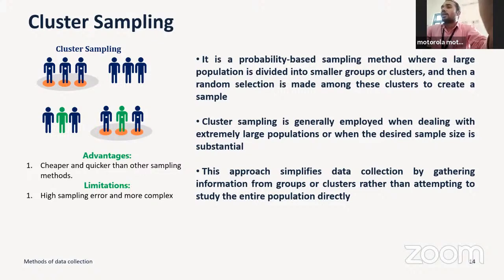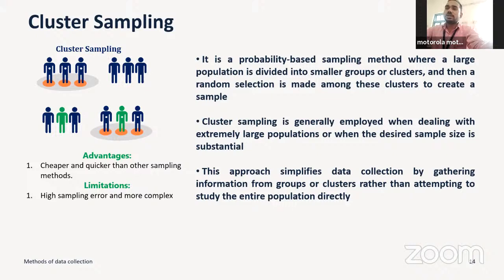Okay. I will give you one simple example. We want to count the number of students in one district. At that time we need to go and visit every school or college to count the number of students and all that.